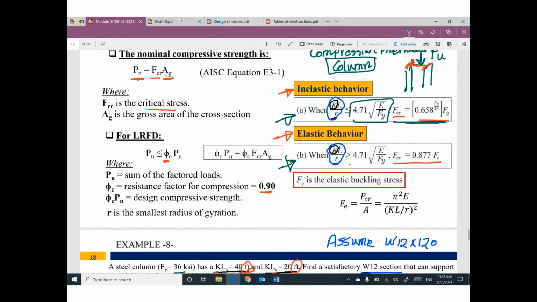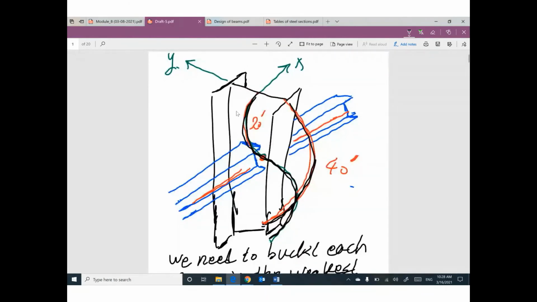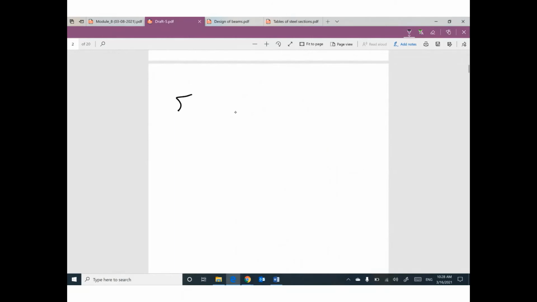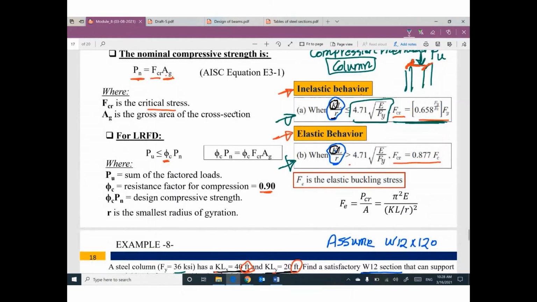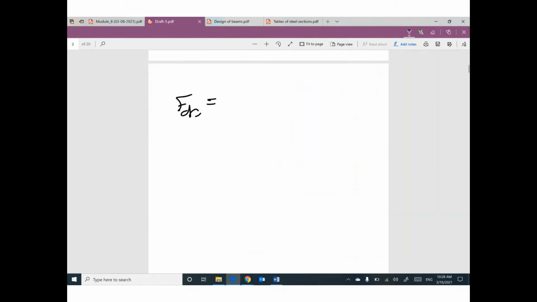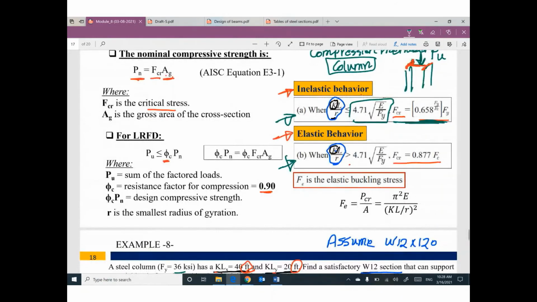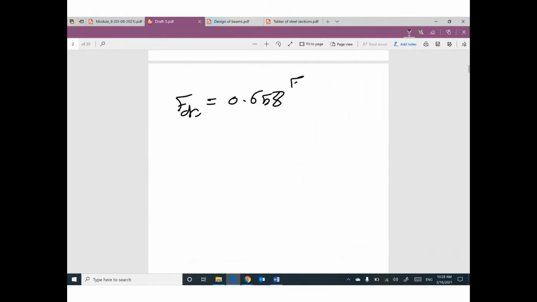F critical will equal this one, 0.658 to power F yield divide Fe, all of them times F yield.